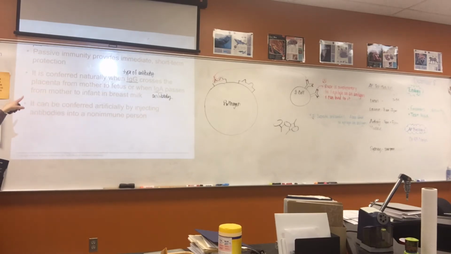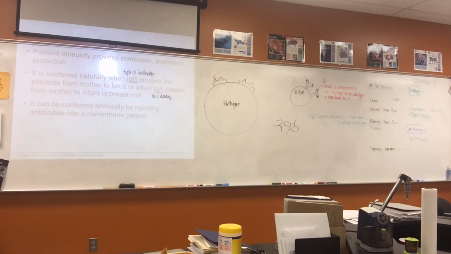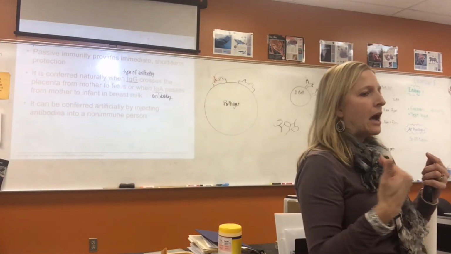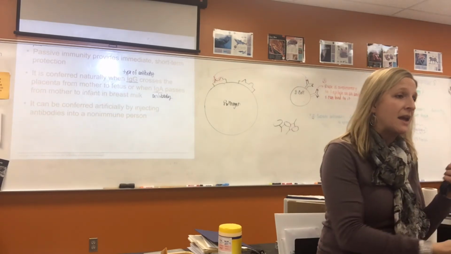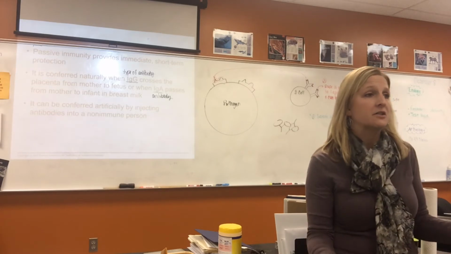So, for instance, when babies are in the mother, there are certain antibodies that can cross the placenta and go from the mother's bloodstream to the baby's. And so the mother's antibodies can go into the baby's bloodstream and provide temporary protection for the baby against certain bacteria and viruses.